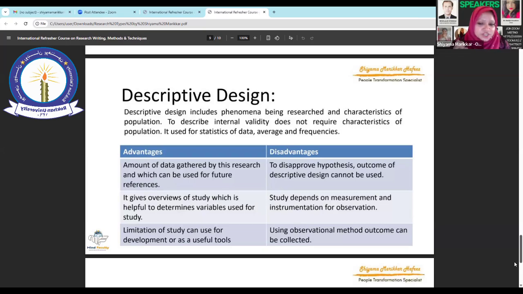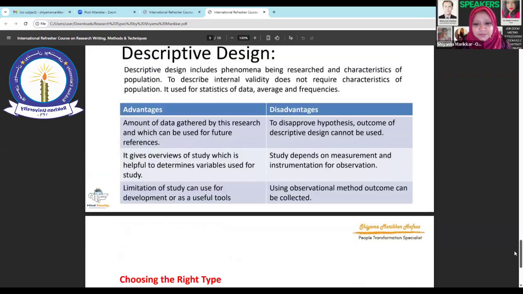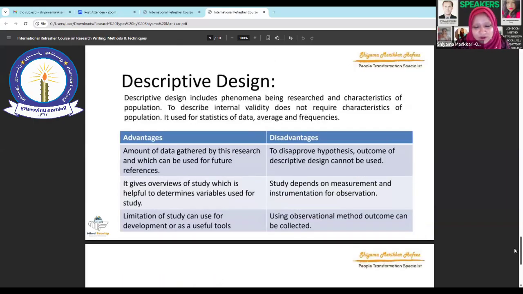Also, using the observational method, outcomes can be collected. So there are different ways of collecting data. Importantly, the disadvantage is that the observational method outcome cannot be collected, so we cannot use that method here. So we have to choose a different one. There are different designs, but due to time concerns, I have chosen only one.